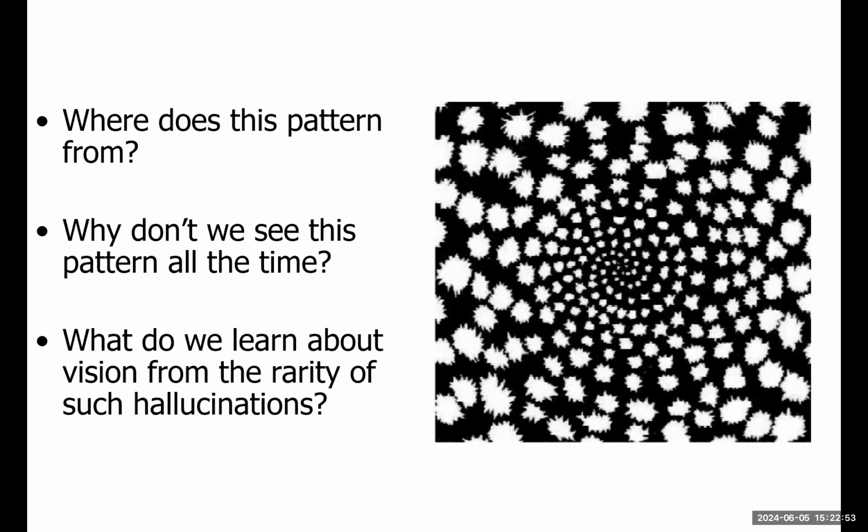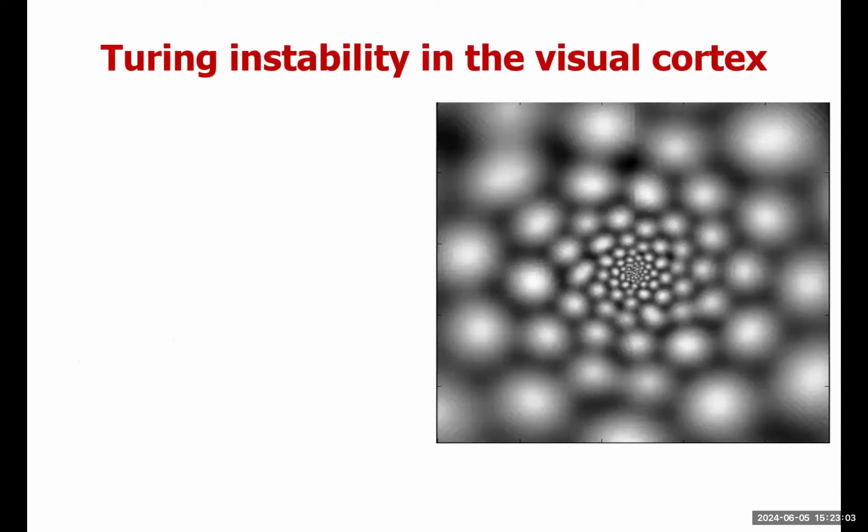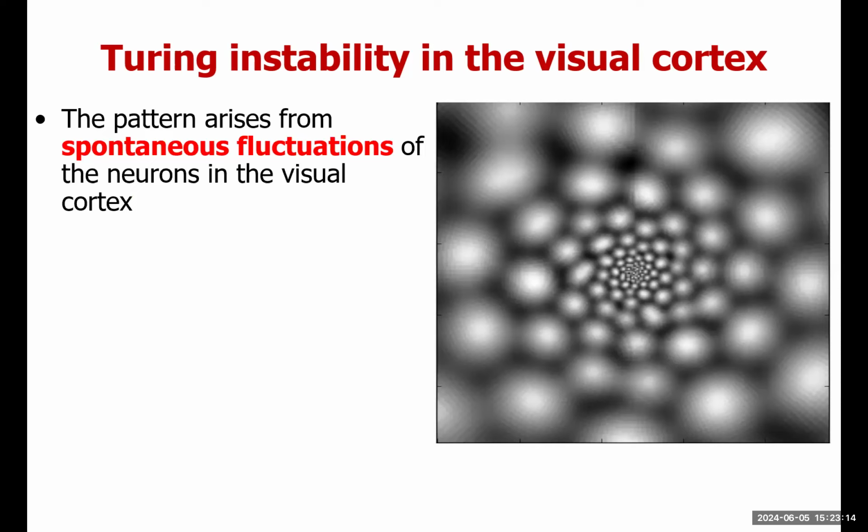Because you're not seeing it now. Well, you see it because I'm showing it to you, but when I just showed you nothing, you saw nothing. And what do we learn about vision from the rarity of these hallucinations? What I'm going to show you is that this comes from a Turing instability in the visual cortex. There's a computer simulation of what the hallucination should look like.